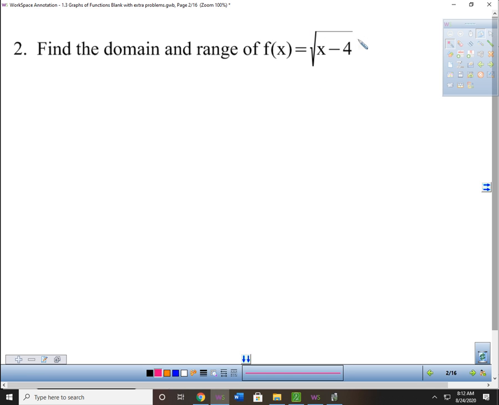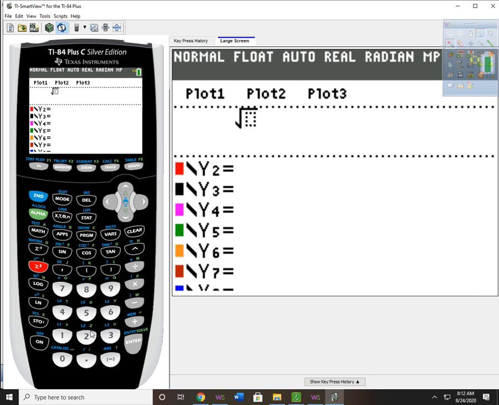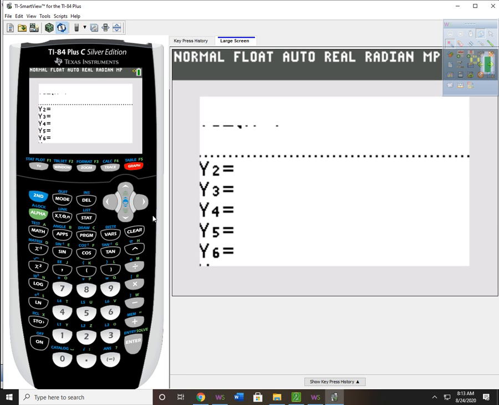But since this already has the square root in it, you're just going to do the positive root because they didn't signify both. So I have the square root of x minus 4. It's literally just going to be half of a sideways parabola.